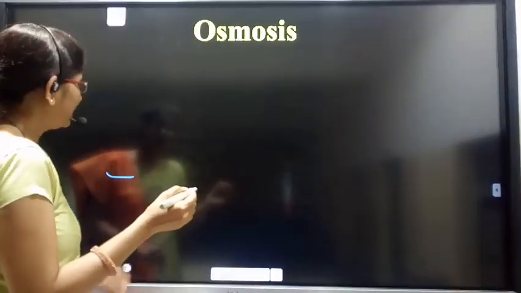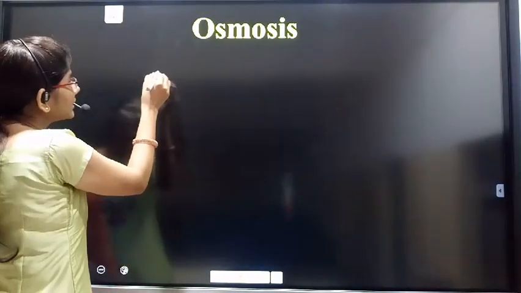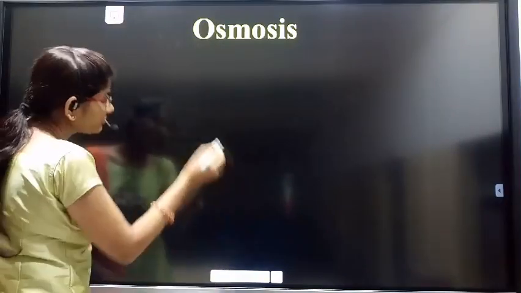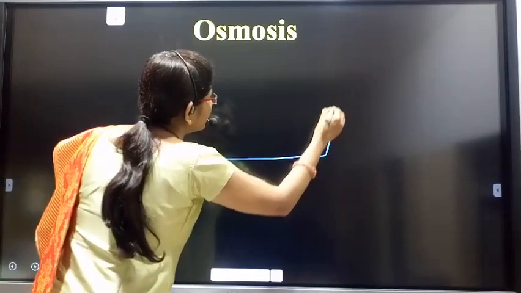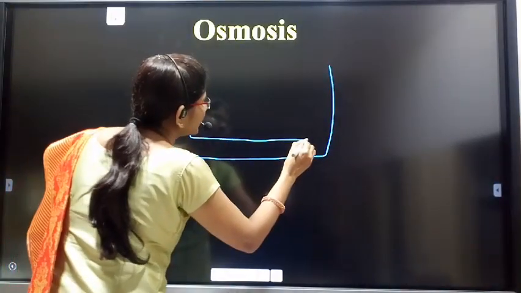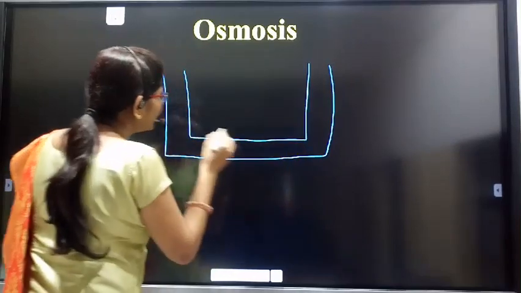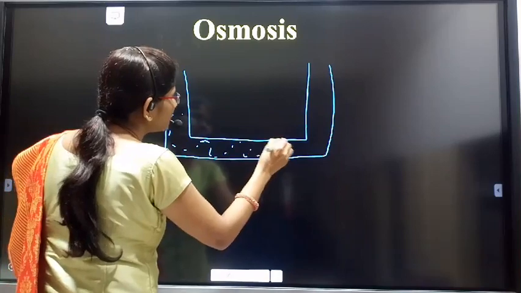For osmosis, we consider a container like this, and it is filled with water molecules.